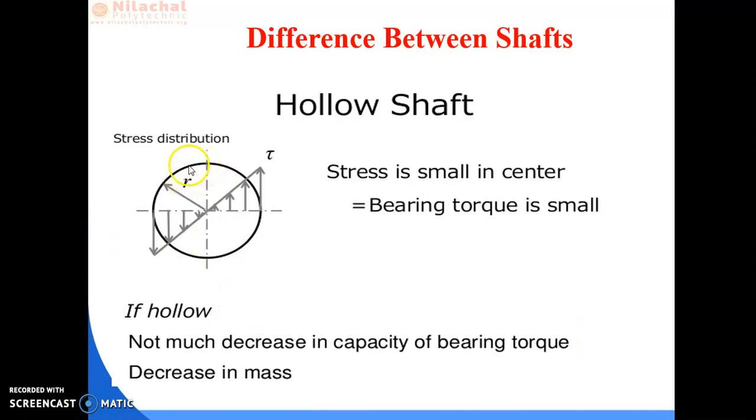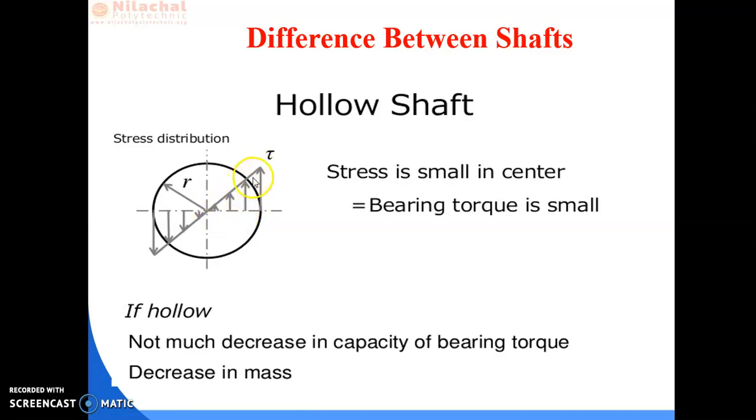As shown in the figure, there is a circular cross section of the shaft. This is the vertical axis, this is the horizontal axis. From center to surface line, it is radius r. Now we have seen that the shear stress is gradually increasing from center to the outer fiber. In this way, an inclined line is obtained from the center.